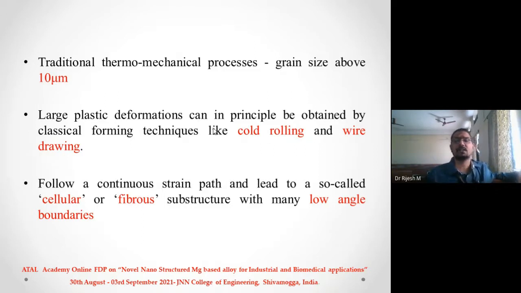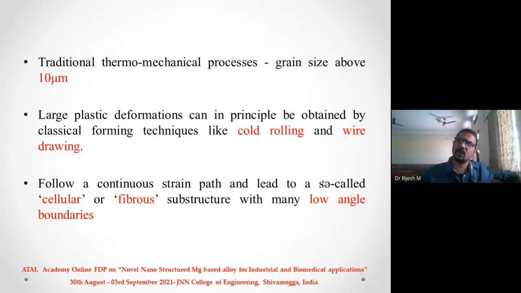The plastic deformation will be that high here. Many times in a wire drawing process, you'll have to go for lubrication where the material is not in touch with the die at all. So they follow a continuous strain path and lead to a so-called cellular or fibrous substructure with many low angle grain boundaries. I repeat and underline, low angle grain boundaries.